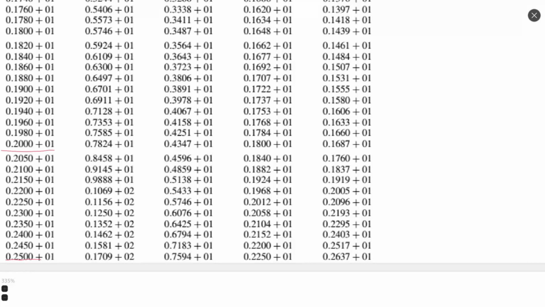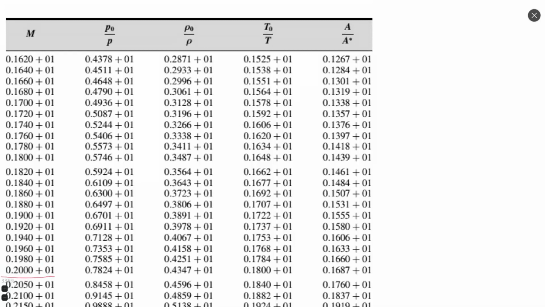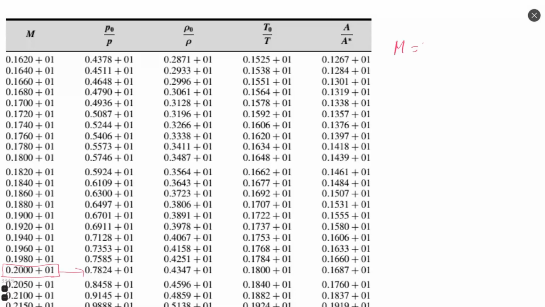Let's choose some arbitrary point. So, for example, Mach 2. I know that for Mach 2, this would be my pressure ratio. So when I have Mach 2, my P0 divided by P would be equal to 7.824.